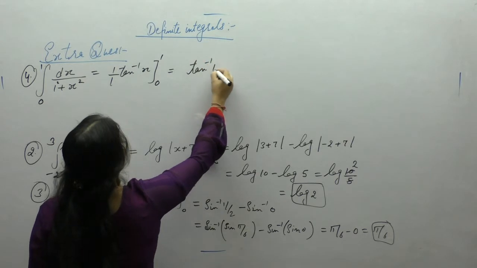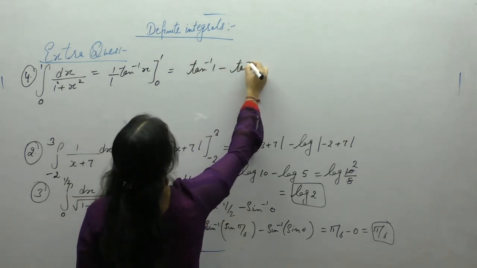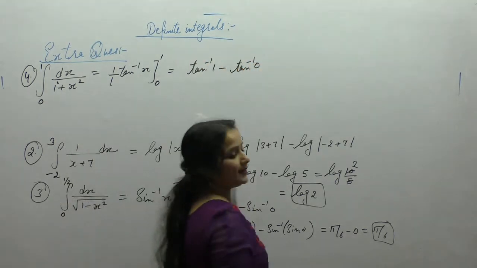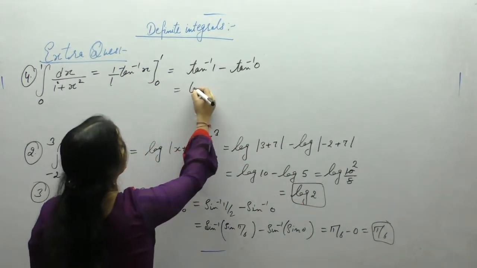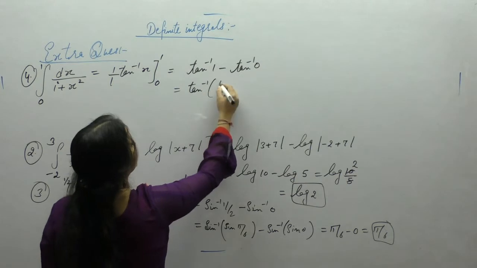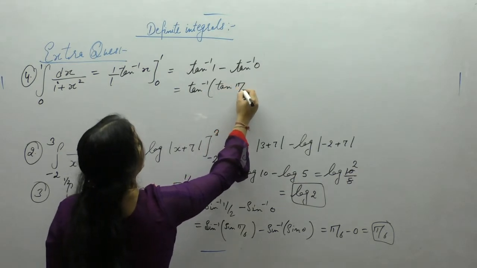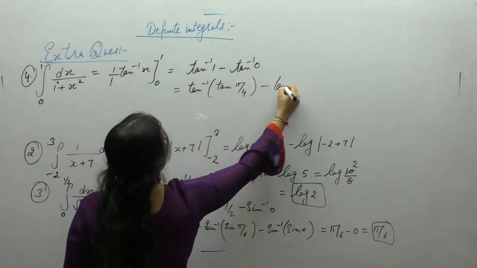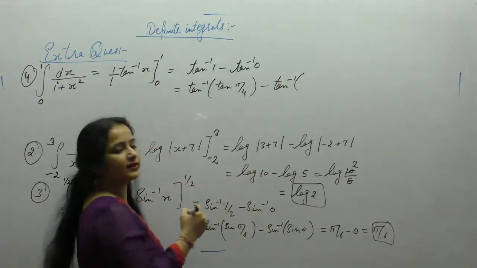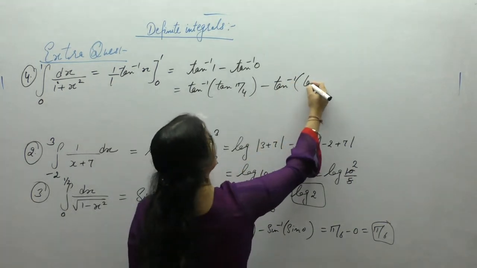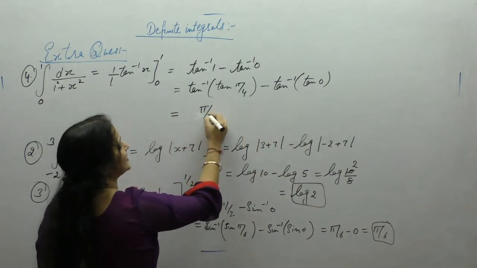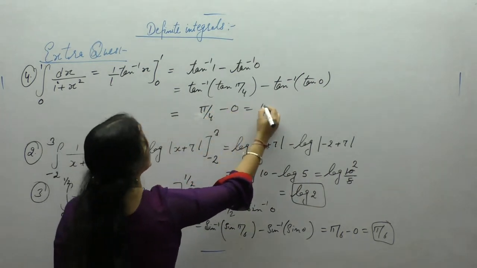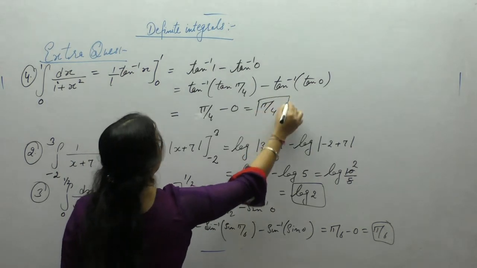Put the upper limit minus lower limit. Tan inverse 1. Tan of what is 1? Tan pi by 4. So instead of 1 we can write tan pi by 4. And when is the value of tan 0? At tan 0. Tan inverse and tan cancel. Pi by 4 minus 0, pi by 4.